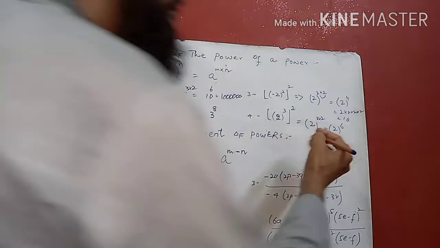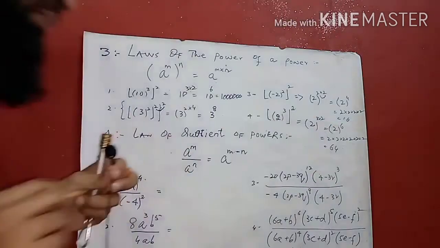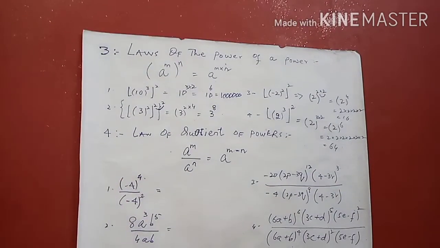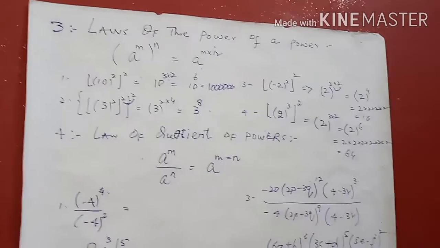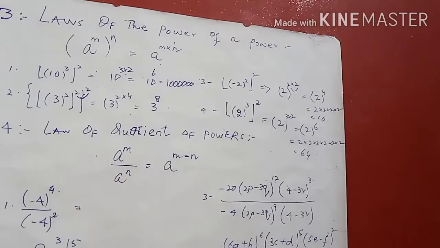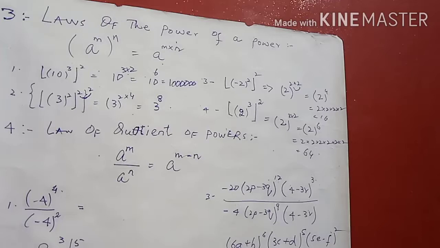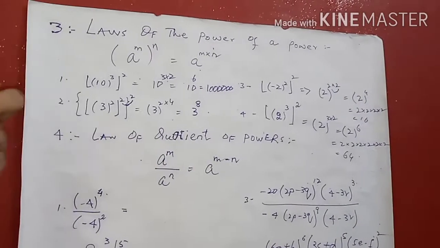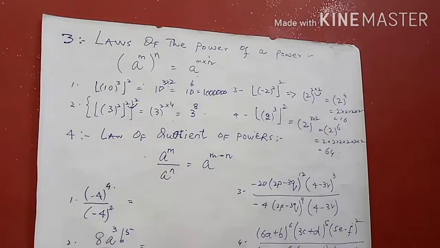If we want to expand this, 2 to the 4, to the 8, to the 16, to the 32, to the 64 is the answer. I think all of you understand the law of the power of a power. It is so easy. That means we multiply the powers.